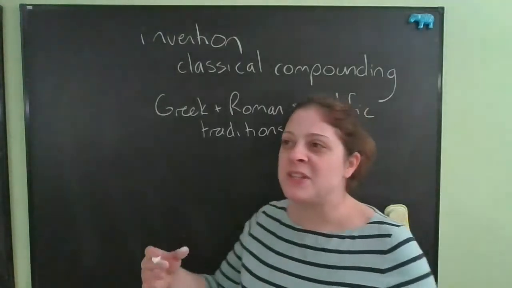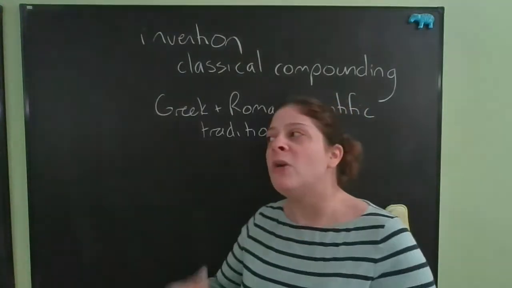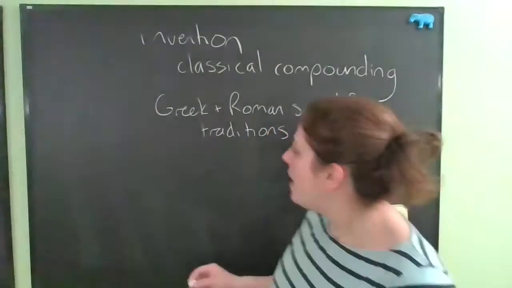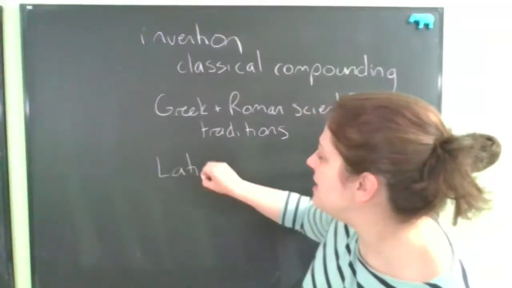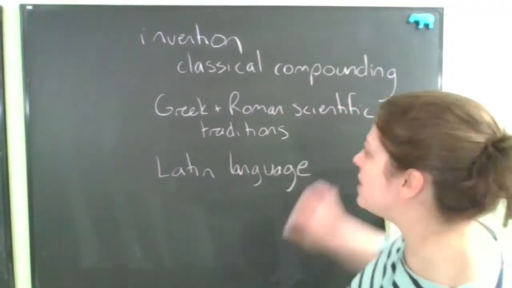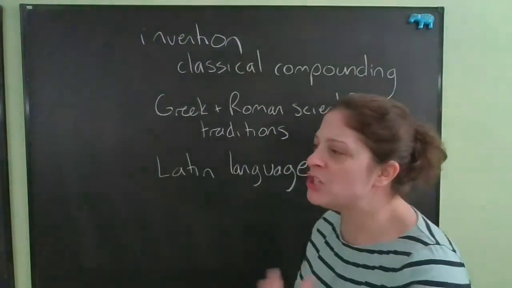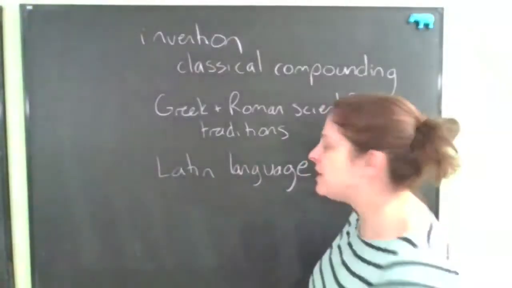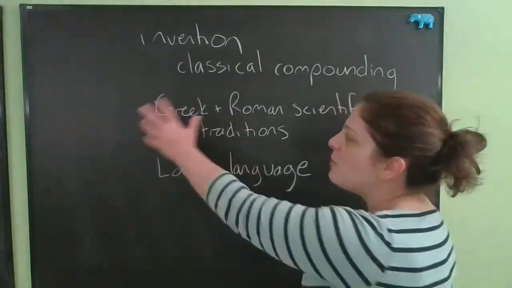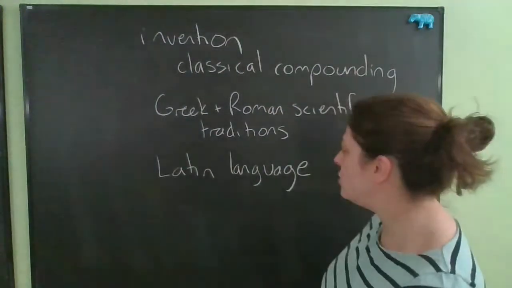And then that means that when you grow up and you begin to do your own scientific work, writing in Latin is a way to be able to connect with all other educated people. And so Latin becomes the language of science. More so than Greek, and maybe that seems strange because I said Greek has the stronger scientific tradition and a lot of their foundational words come from Greek, but Latin was the language of the church and therefore the language of schools, and so while you may well have learned Greek as well, Latin really is the primary language that people are using to communicate.